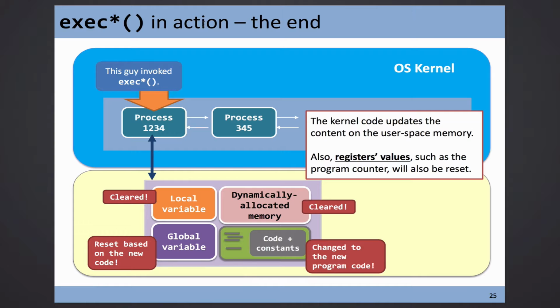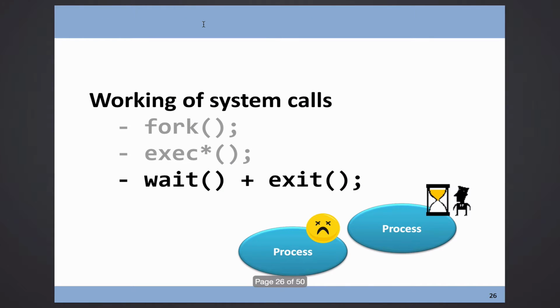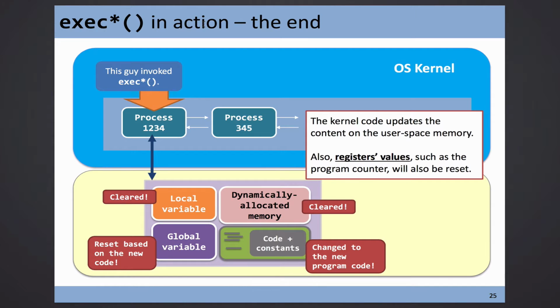So before the switch, the globals will be cleared. Local variables are not needed either. I don't care which function you're executing, but when you go to the new code, you always start from main. So all the locals will be cleared. The code is about to change. Then next is very easy. It's the end. It's so simple, right? You clear all the memory and then you switch.